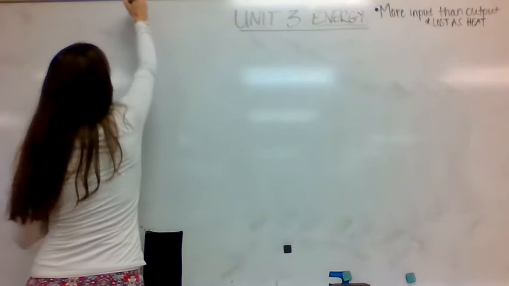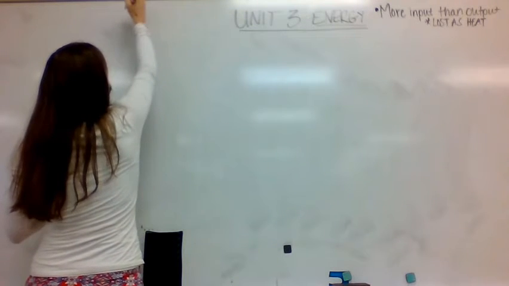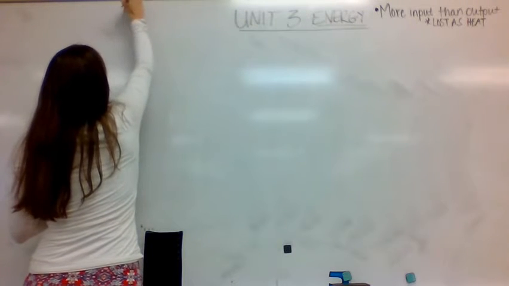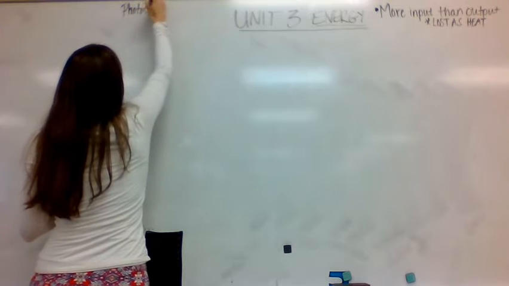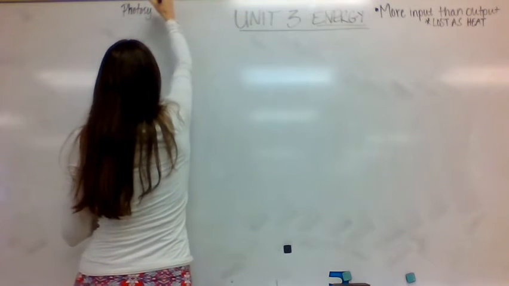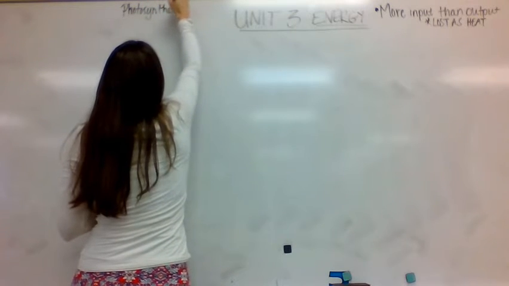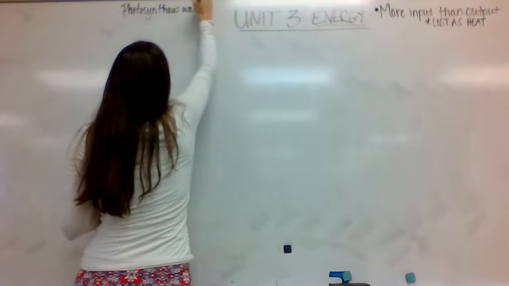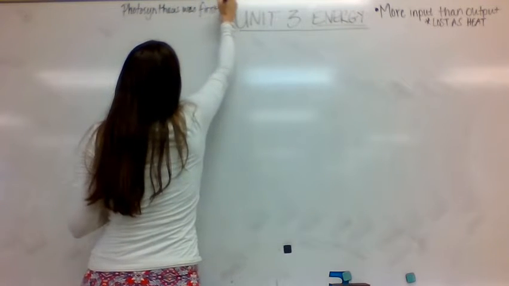They also wanted you to know, over here on this side, I'm going to talk about photosynthesis a little bit, that photosynthesis, evolutionarily speaking, is considered the first of the two processes. So I'm going to say photosynthesis was first.